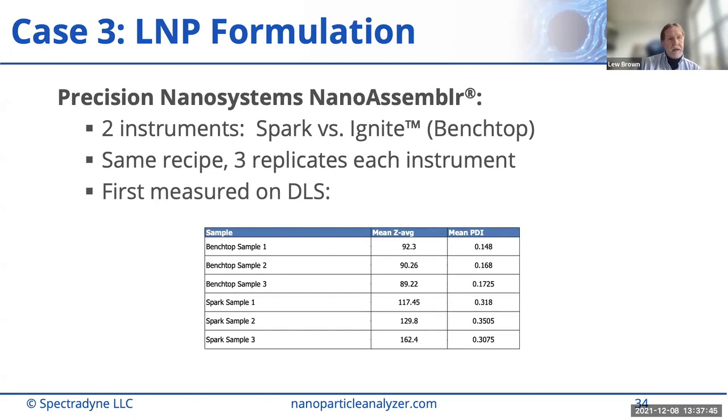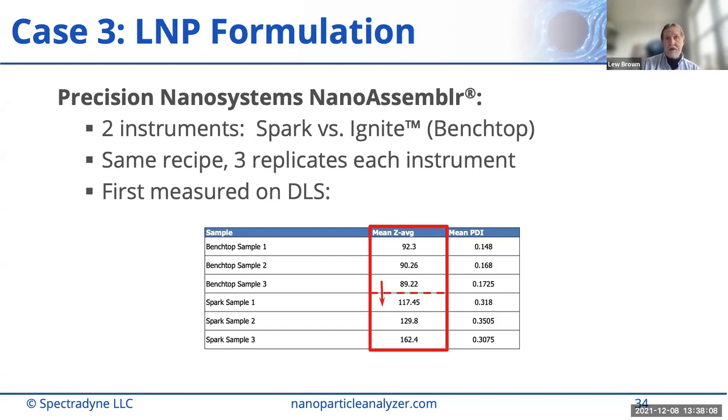And they, like everybody else, had first measured these on DLS. So take a look at the results here. You can see the mean Z average over here for the 3 replicates of the benchtop and the 3 replicates of the Spark. The first thing that jumps out at me is that I look at the 3 replicates of the benchtop and I see good consistency.